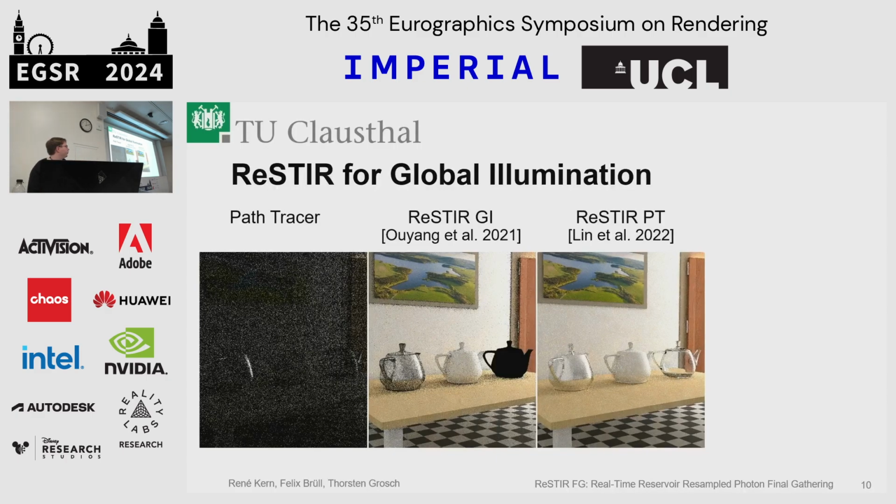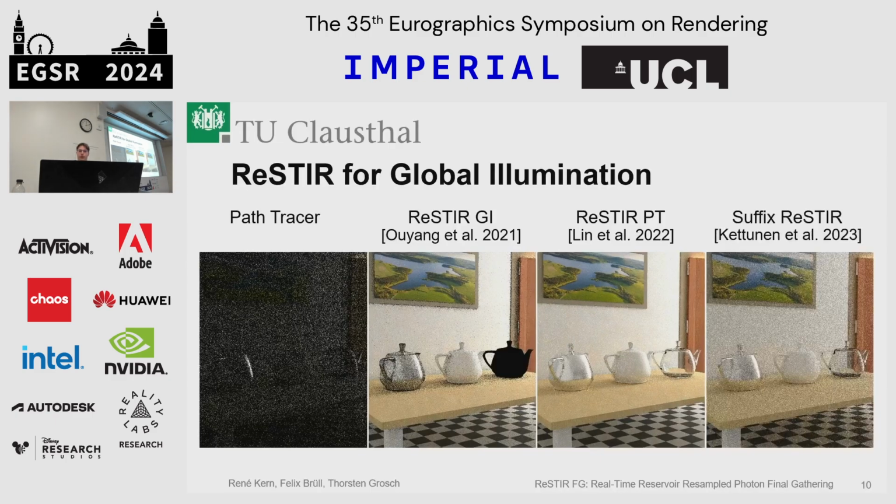And there they used shift mappings and also generalized the resampling formula. And their shift mapping, especially hybrid shift mapping, helps resampling on specular materials.